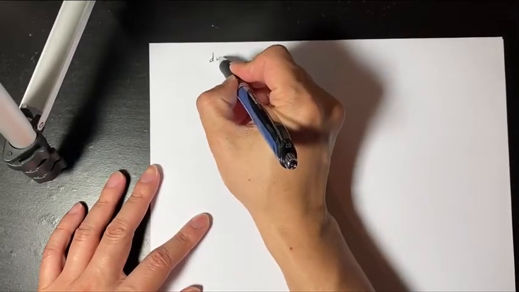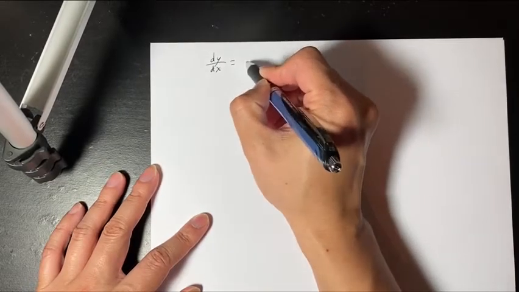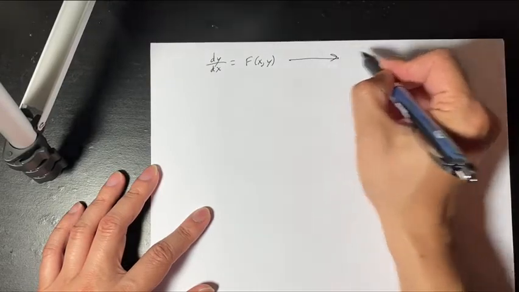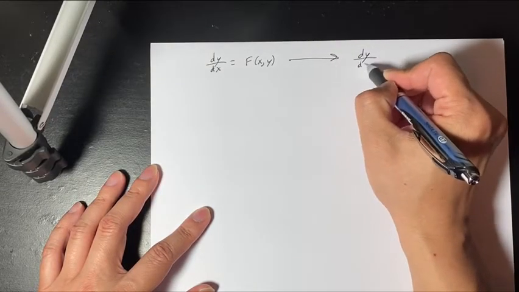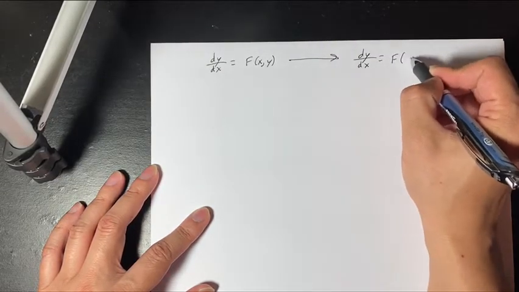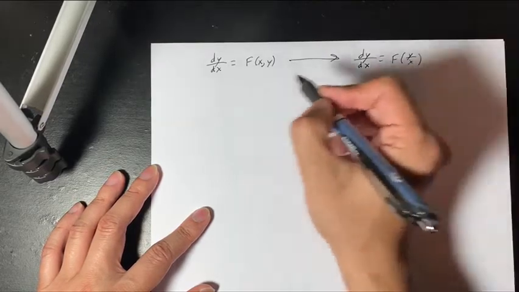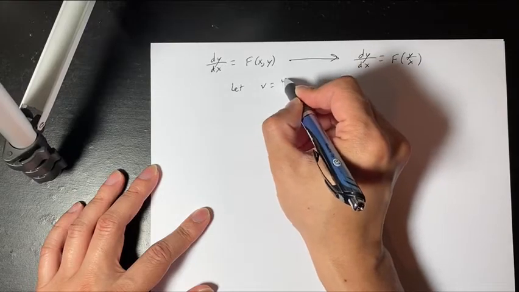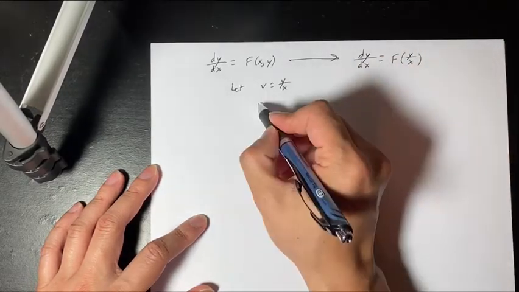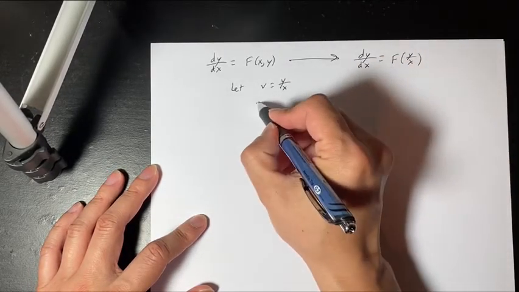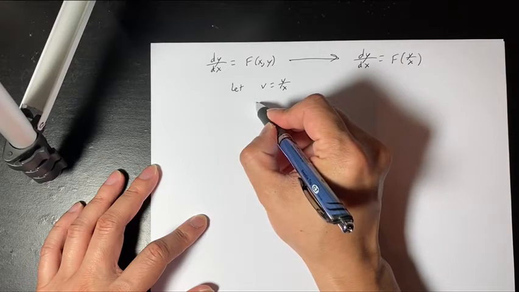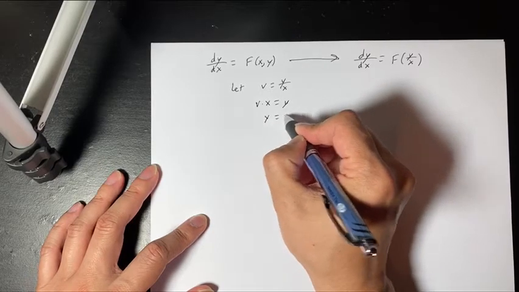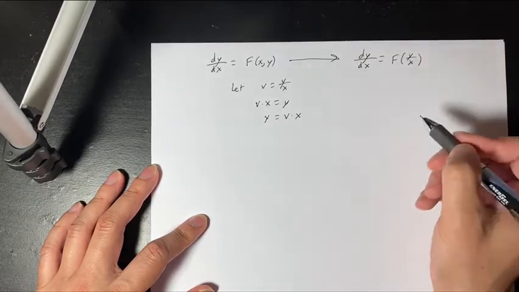So given dy dx as f of xy, we can view it as a function of y over x, we can let v be y over x, which means then v times x is y, or really y is v times x.